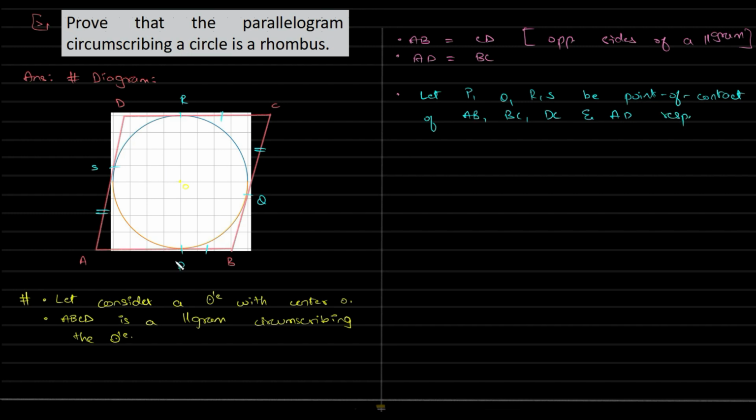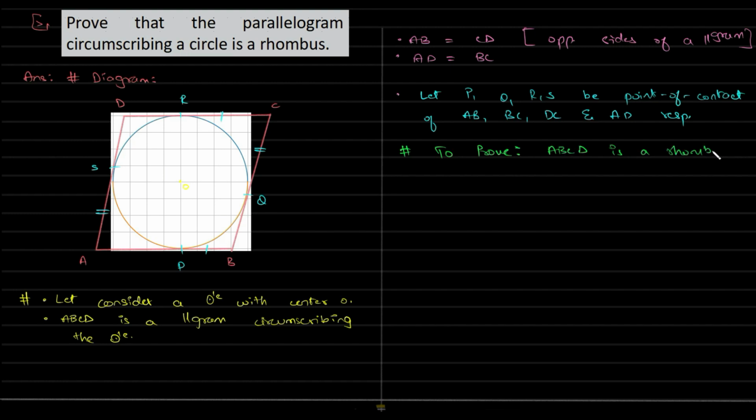I think we are pretty much done with the diagram. It's important to describe the diagram because it's not given, so we need to do that. What do we have to prove? We have to prove that ABCD is a rhombus.